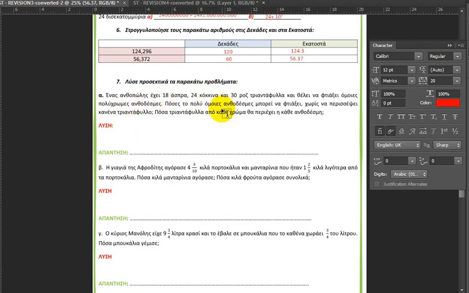So here, for example, we need to find the greatest common factor of 18, 24, and 30, right? So what does that mean? That means we need to figure out the biggest number that I can divide all three of these numbers with. In this case, the biggest number I can divide all of them with is 6.